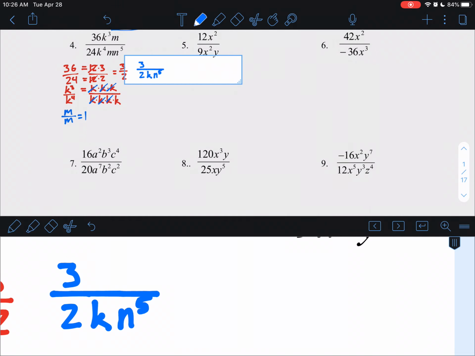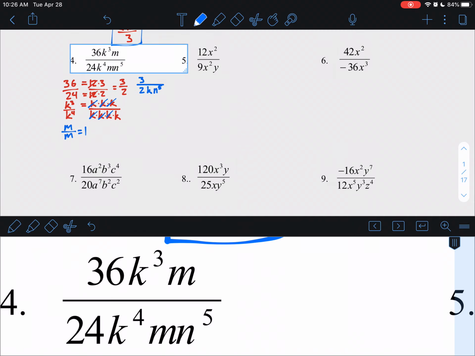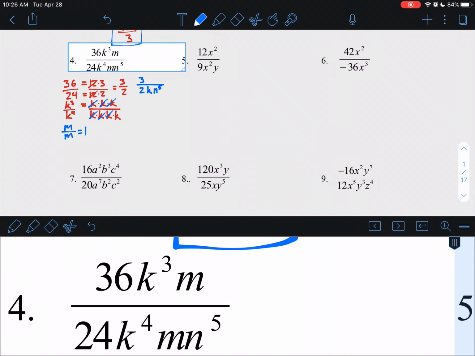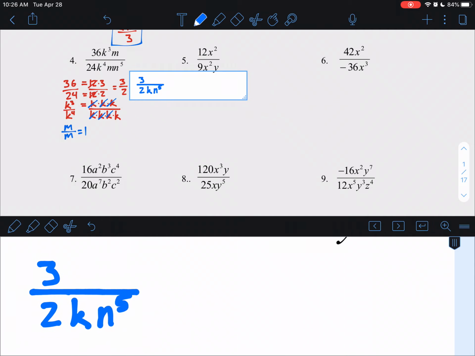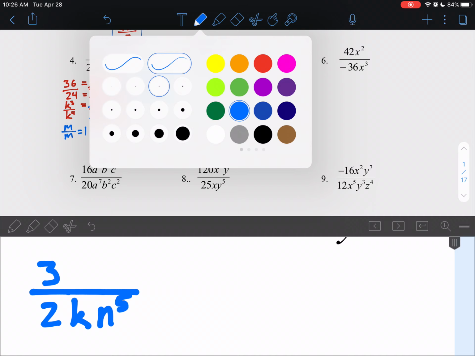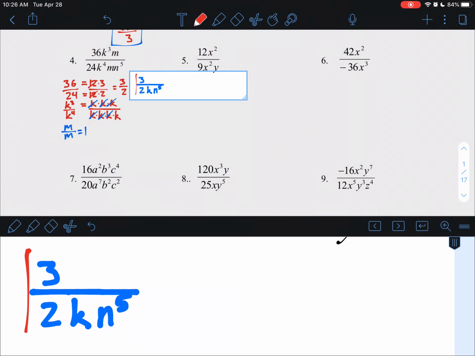So the answer to this problem, 36k to the third m over 24k to the fourth m and to the fifth, is going to be 3 over 2k n to the fifth. And that is the entire answer. And I will put a box around that. All right, cool.